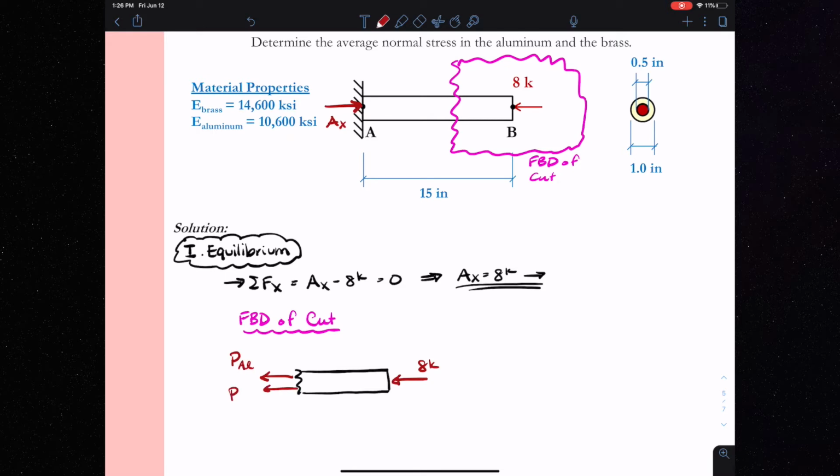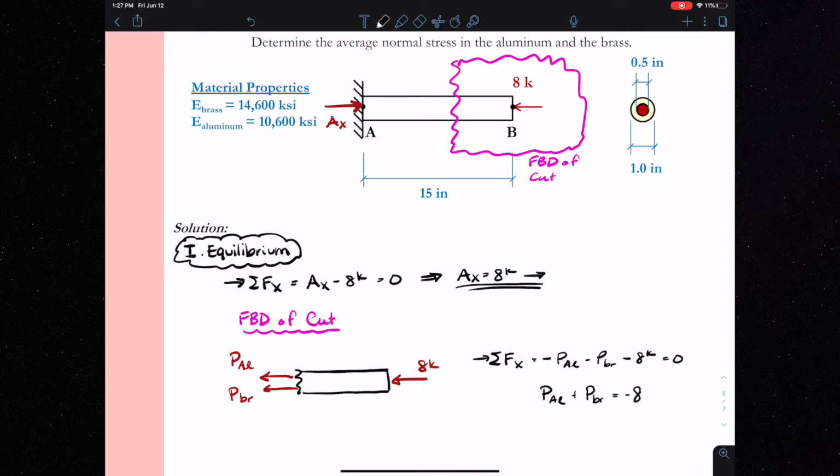And so I have internal forces in both the aluminum and the brass. So how much force is carried by the aluminum and how much force is carried by the brass? Well, it's not easily identifiable just by looking at the problem. So we're really going to need to go through all our calculations in order to figure out what the average stress is in the aluminum and the brass.